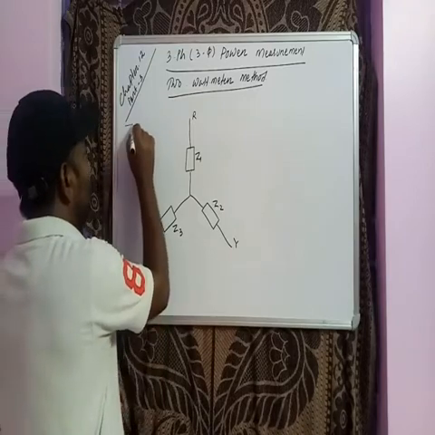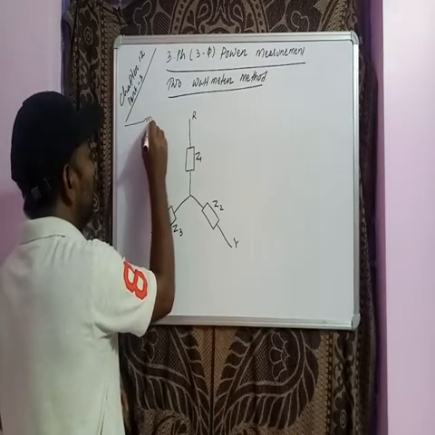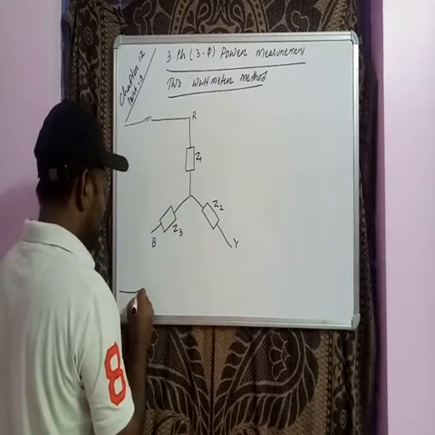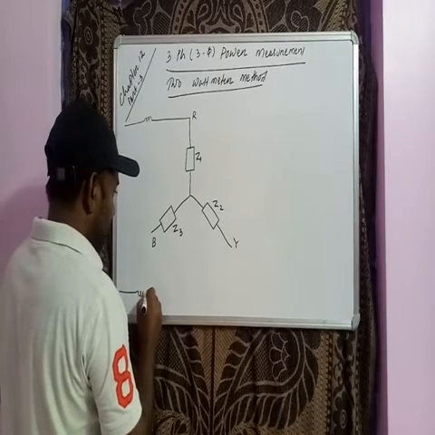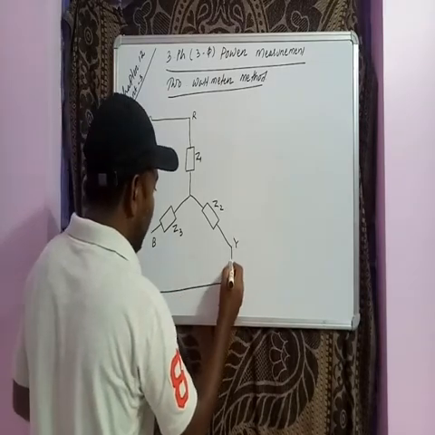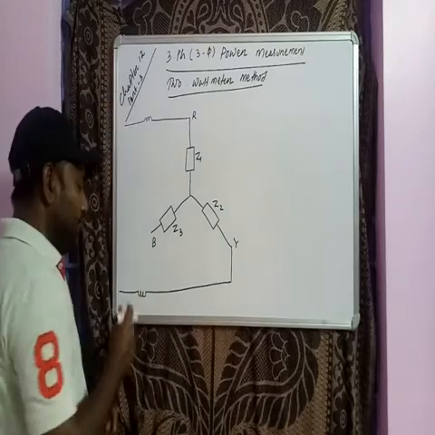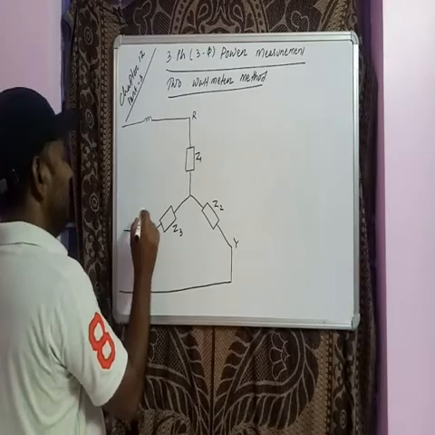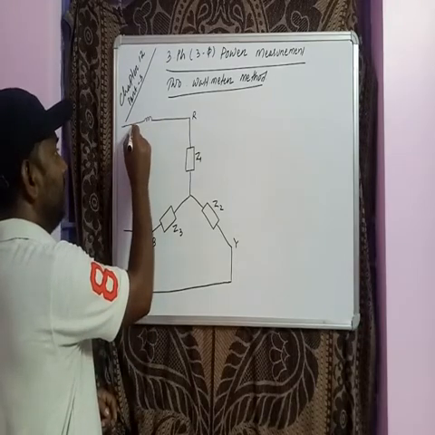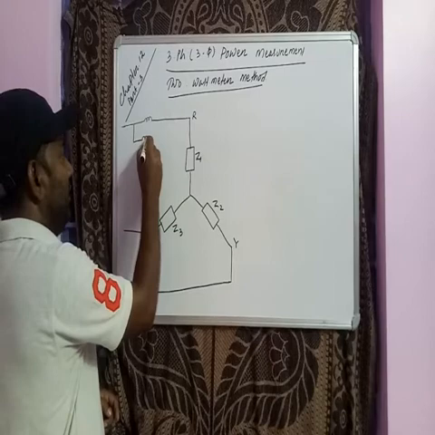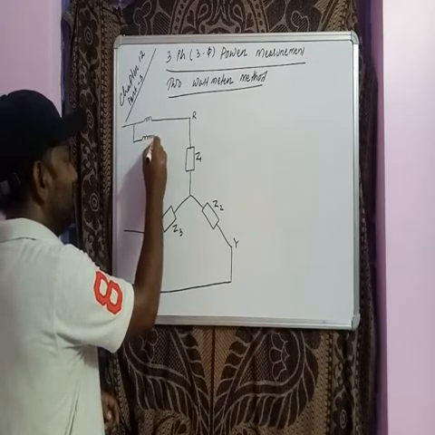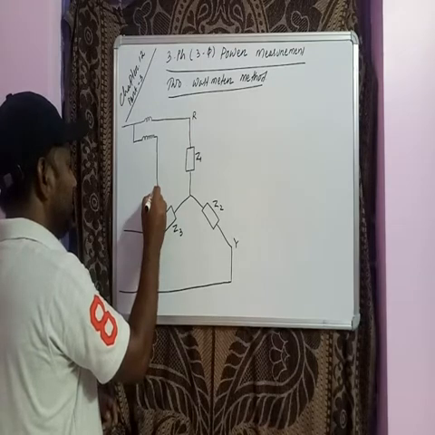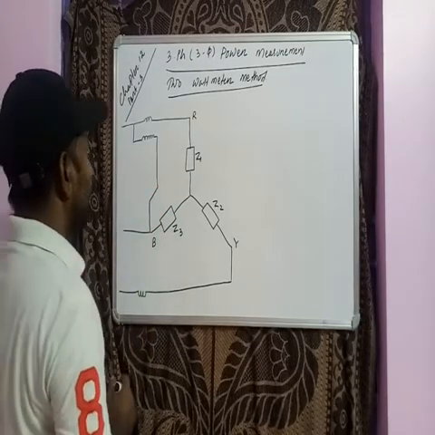So what we have to do, we have to use 1 wattmeter with R, and the second one we will use with Y. You can use with B also. Now the current coil of first wattmeter is connected with R, and the potential coil, which has more number of turns, is connected with R and B.